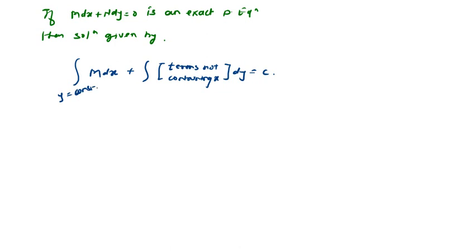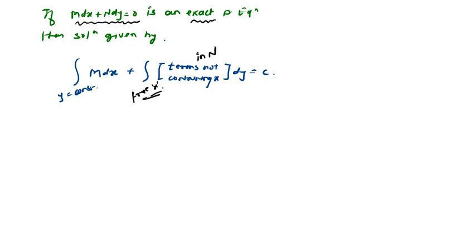Okay, and here will be the terms in N not containing x. Those terms will be free from x. So what we will do, firstly we will have the differential equation M dx plus N dy equal to 0, and we will prove that it is an exact differential equation.